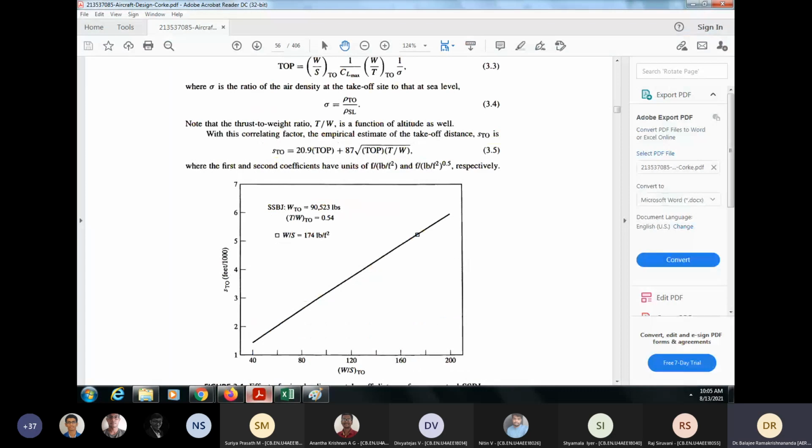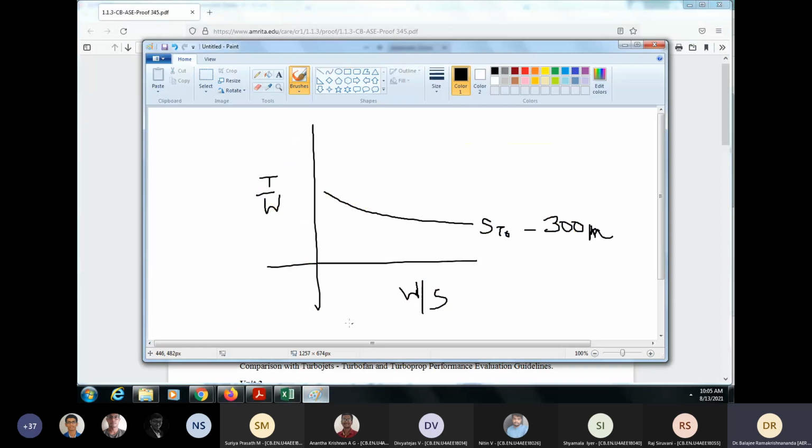I will appreciate it if you can do the wing loading in Newton per meter squared. But if you want to be consistent, it's up to you. After doing the calculation, you convert everything to this unit and plot. I will appreciate that. Okay, sir. While plotting, you do it in SI.